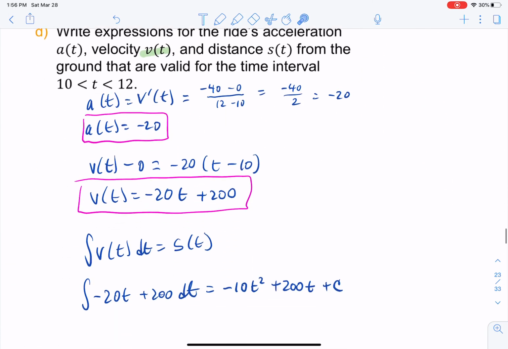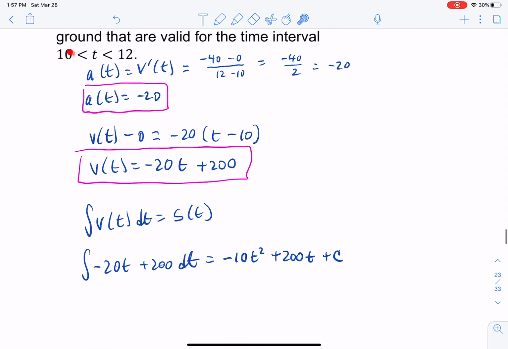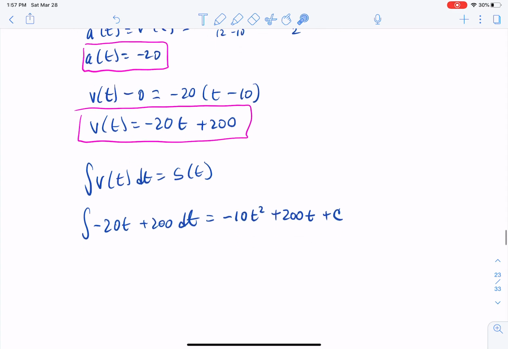Again, just like we talked about before, it doesn't actually hit at 10. The 10 is not valid for this particular equation, but that's where it's going to start when it does this particular interval. So we're still going to use it to find what that c value is. We have this initial condition. I plug in 10, and I'm going to get out 80.